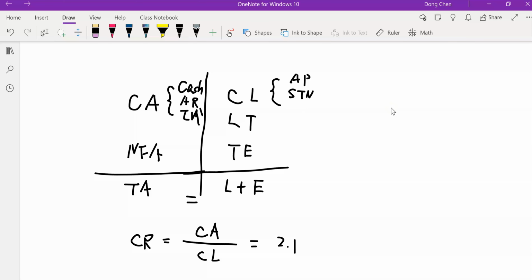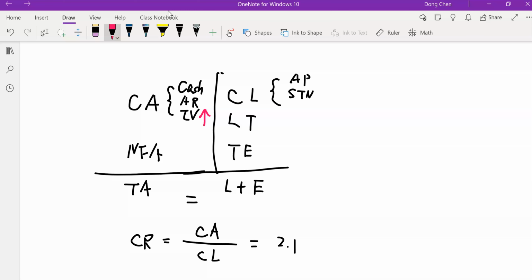Let me use the red pen to denote the change. At the same time, if we increase the inventory, remember the balance sheet needs to be balanced at all times. So we have to ask what we can use to finance this increase in inventory.